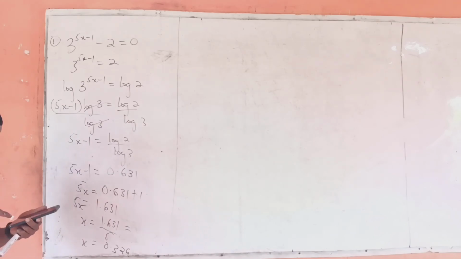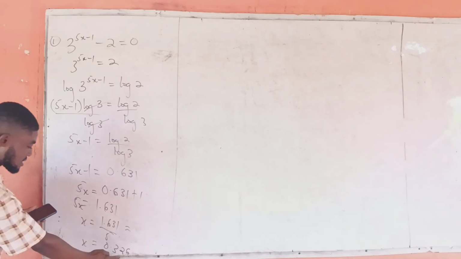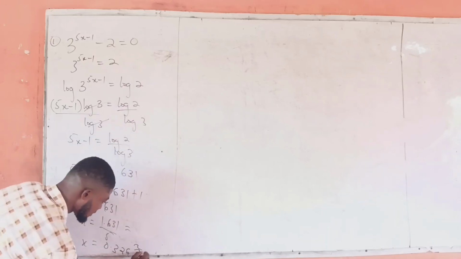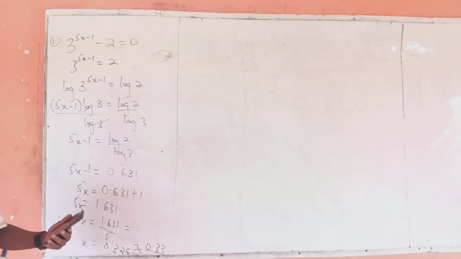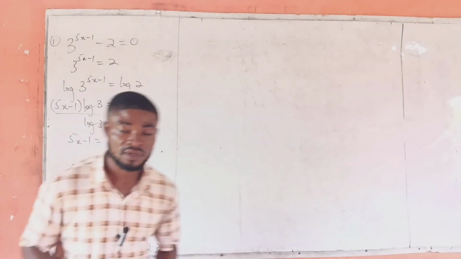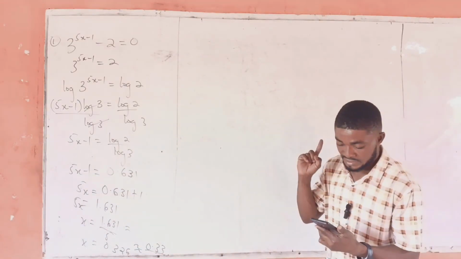That is the value we are getting, and so we just confirm from the objectives that we have 0.33, which is yes, 0.33 to 2 decimal places. So this is how you go about question 7.